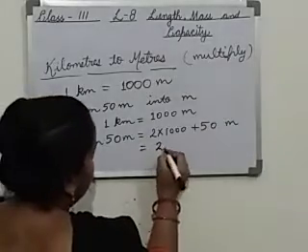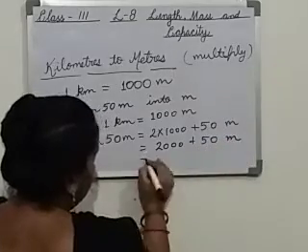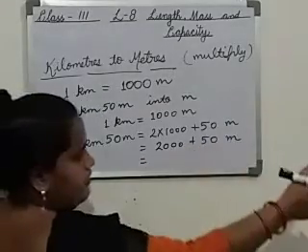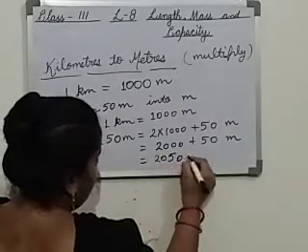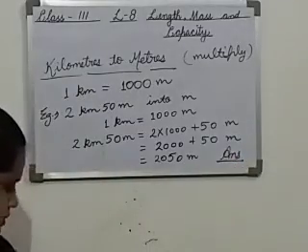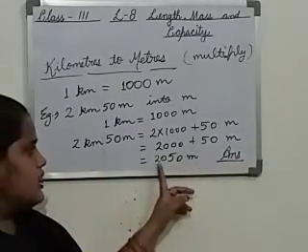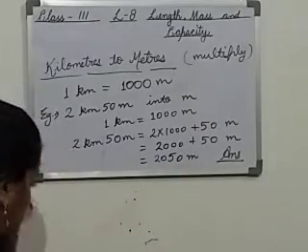So what we will get? 2000 plus 50, 2050. You can show this calculation in the rough column also, and the answer is 2050 meters. Okay. Nothing else.